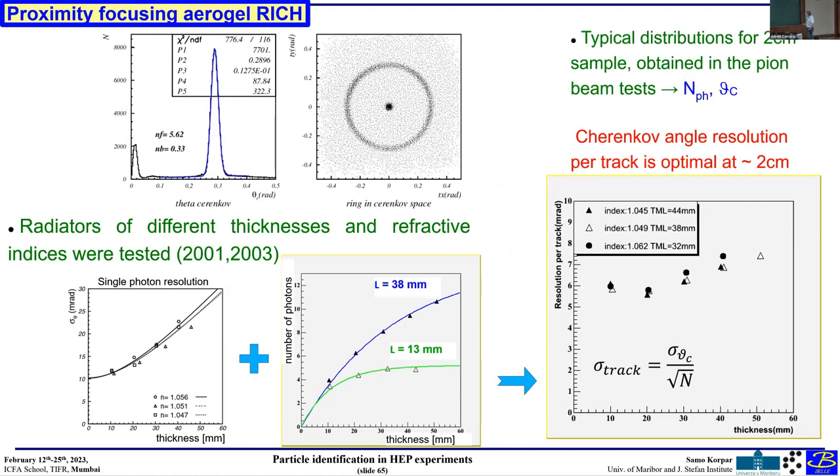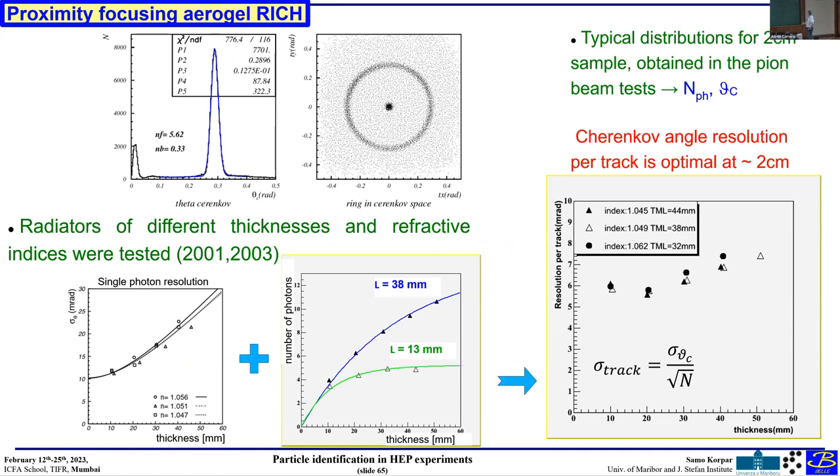So at this point, we measured this also, and you can see that using different samples of 10 millimeter aerogels, we came to this minimum of roughly 20 millimeters. So this was with only about 10 or less, more like 8 photons per ring, which is not enough because you will have inefficiencies at the end.